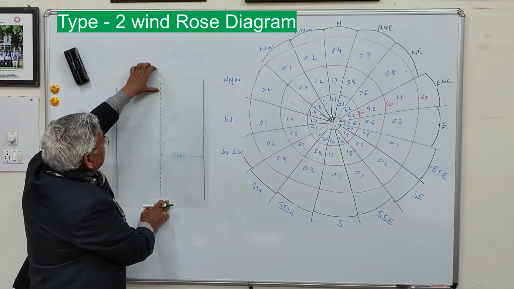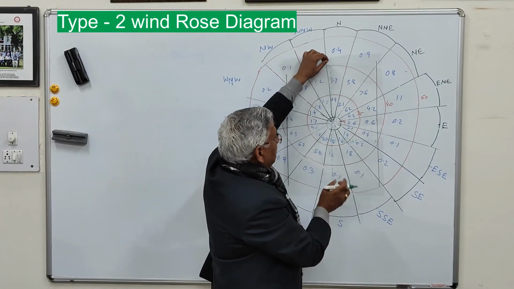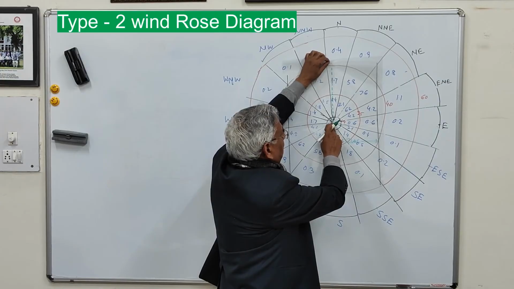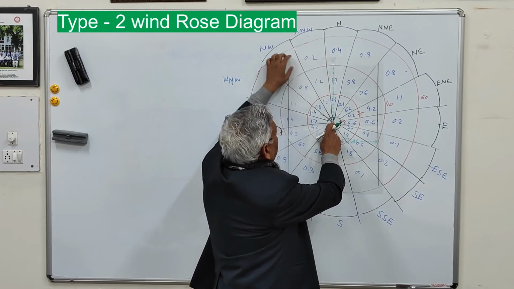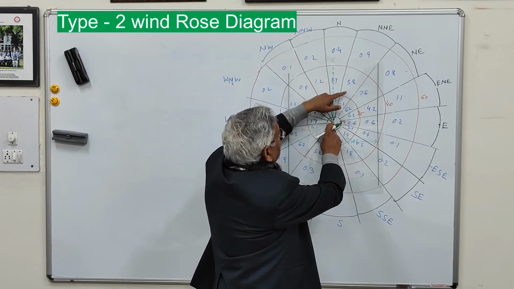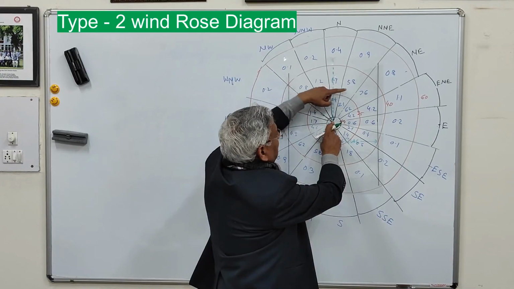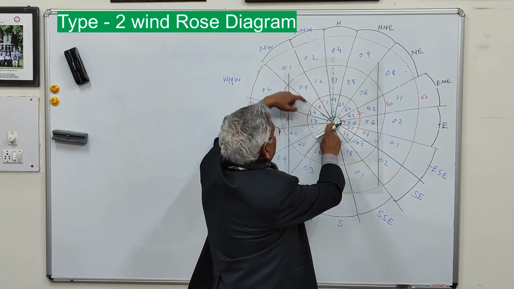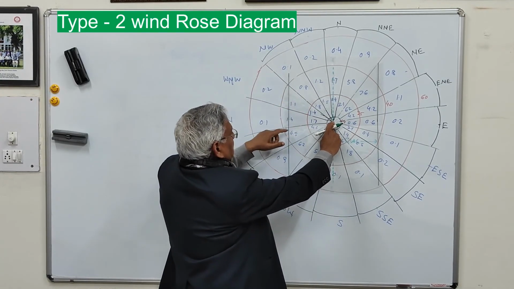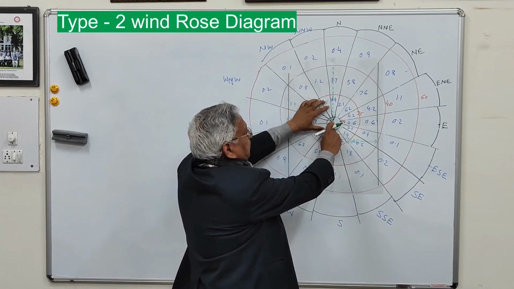Now you place this sheet on this Windrose diagram in such a manner that the center line passes through the center of the diagram, and then you see what are the values which are inside the outer lines here. Take the sum of all these values, and if a particular segment is cut partially, you take its partial value.